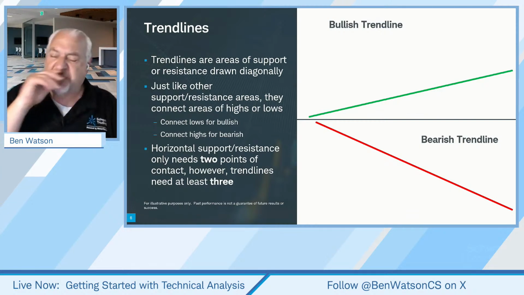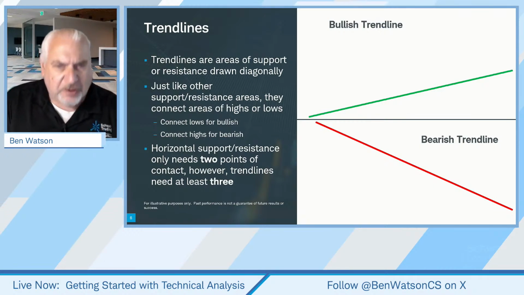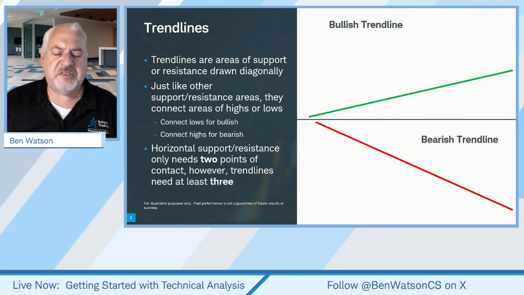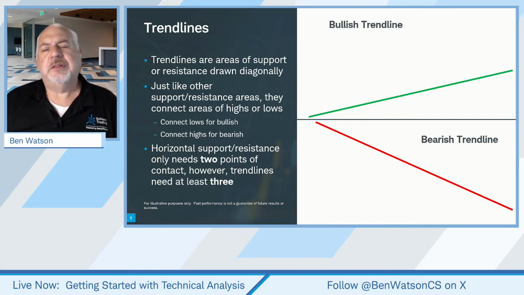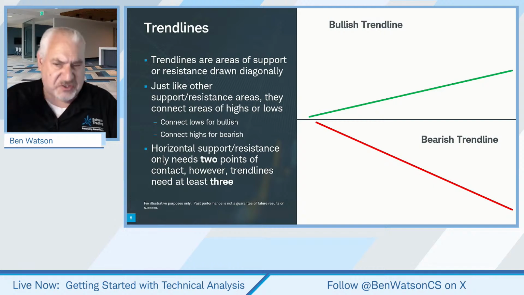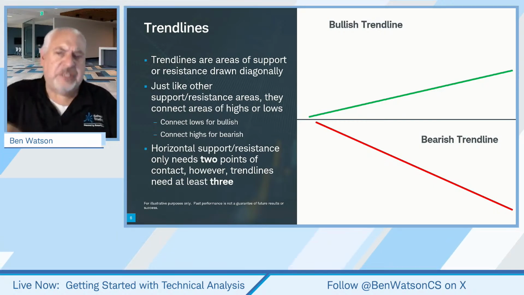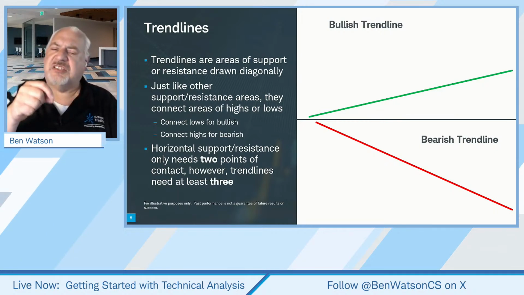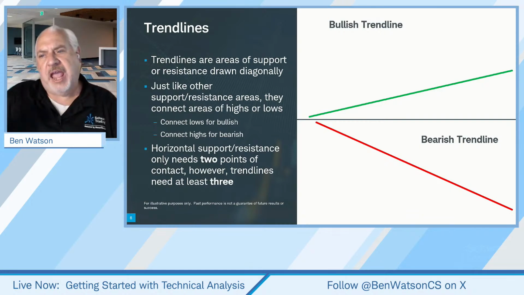Now, one other aspect of support and resistance is they don't always have to be levels of horizontal support or resistance. They can be diagonal levels of support and resistance. So trend lines, if we draw trend lines on the chart, diagonal. Generally, the idea of a trend line suggests that the price is moving in a trend and it is moving in a particular direction.